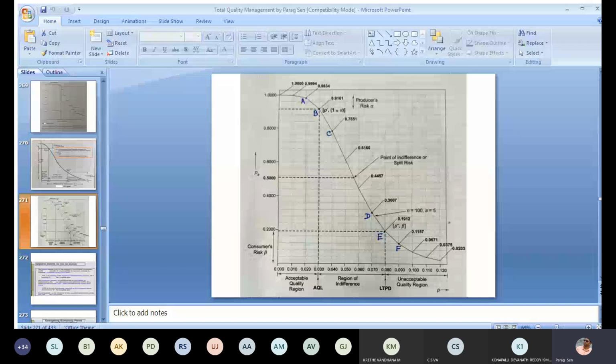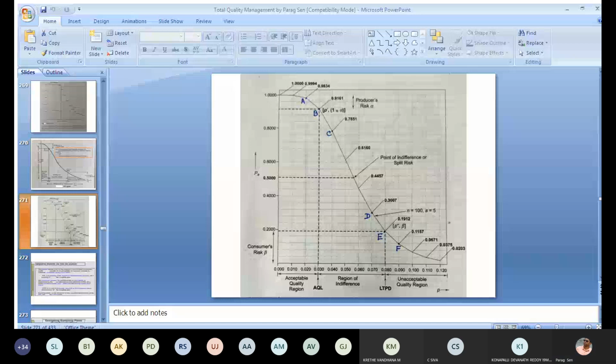So it may so happen that out of those 100 items, you have found that 7 items are defective.